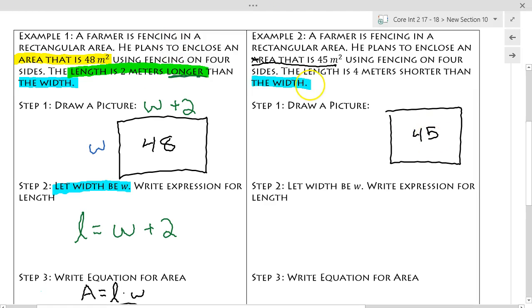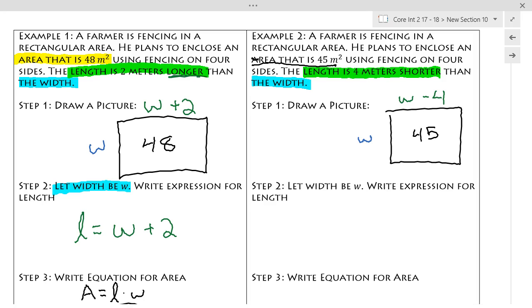And my width is just going to be W. My length is 4 meters shorter. So my length is W minus 4. So length equals W minus 4. Again, we're saying minus because it is shorter.